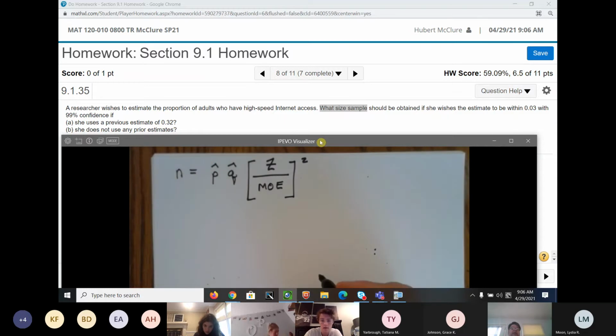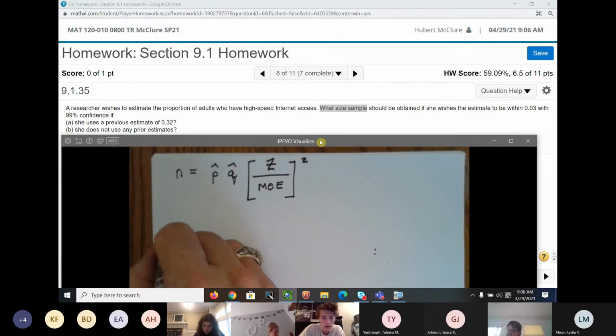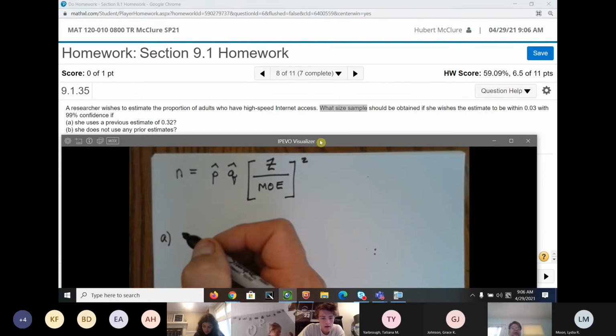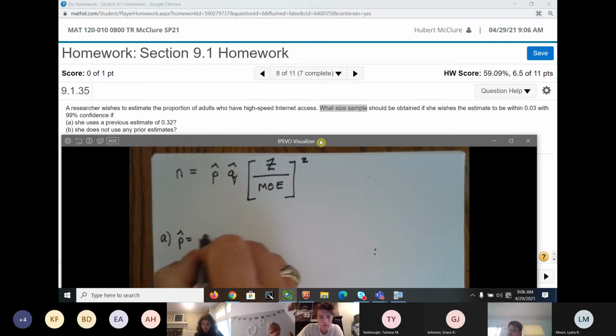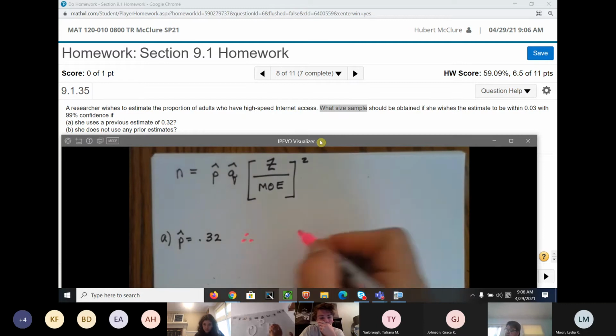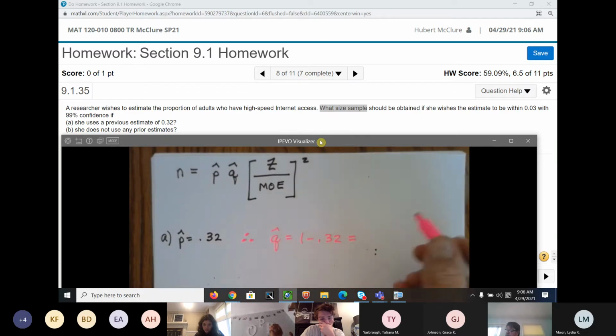And let's see what they've given us. For A, what have they given us? Well, it looks like they've given us P hat. P hat is equal to 0.32. Therefore, Q hat is equal to 1 minus 0.32, which is equal to what? 0.68.